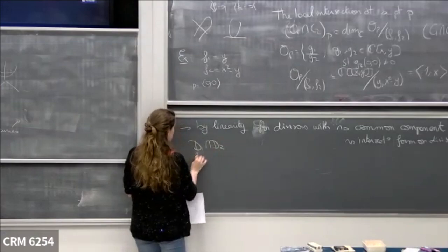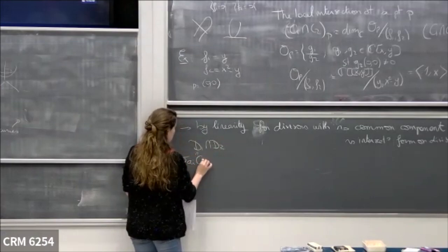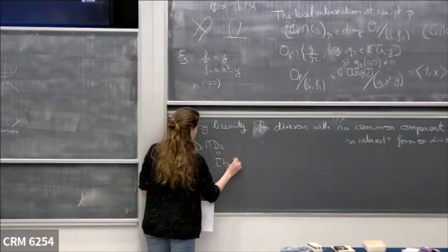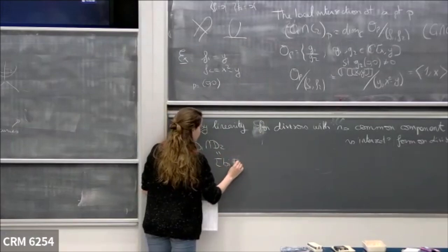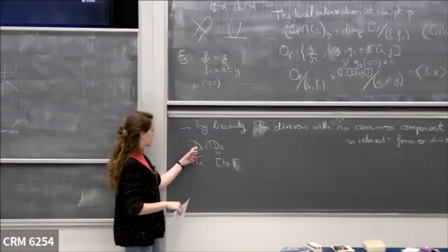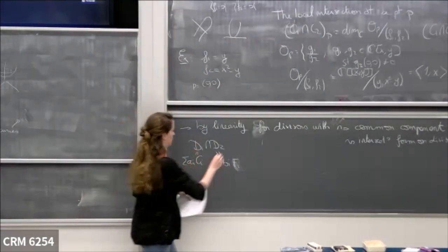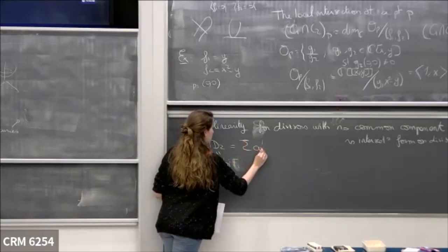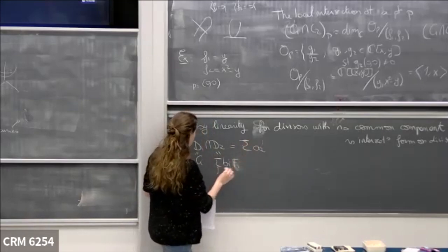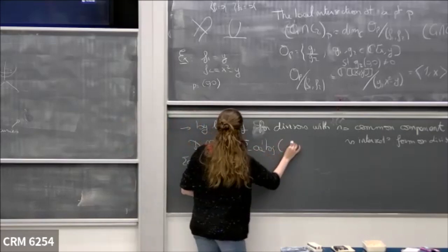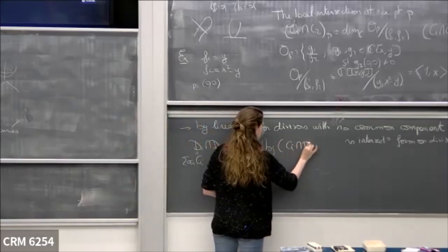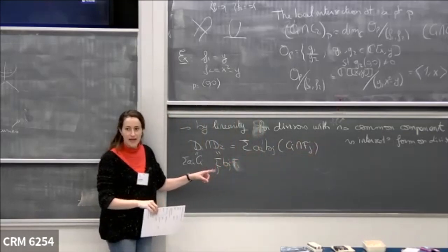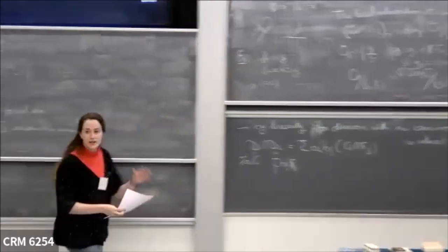D1 is the formal sum of the Ci, and D2 is the formal sum of the Fj. And now the intersection form is the sum of a_i b_j times the intersection of Ci with Fj. This is what I meant by linearity.